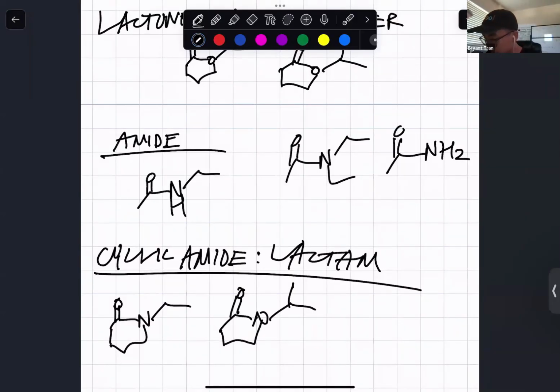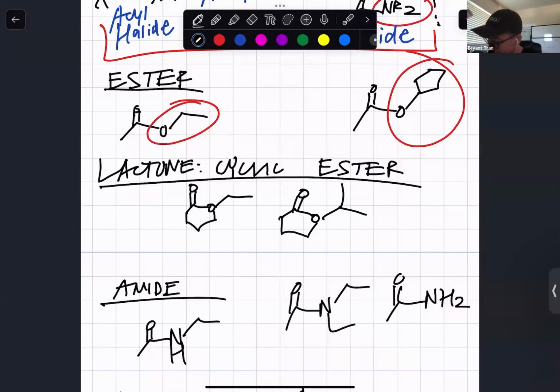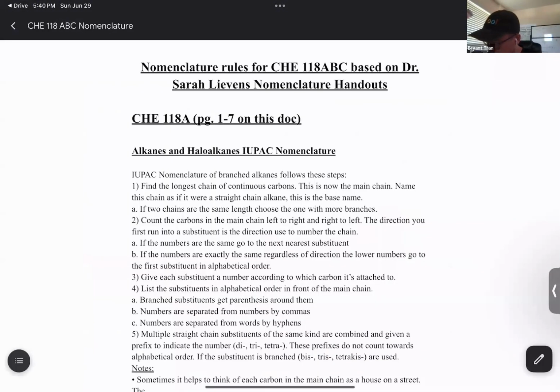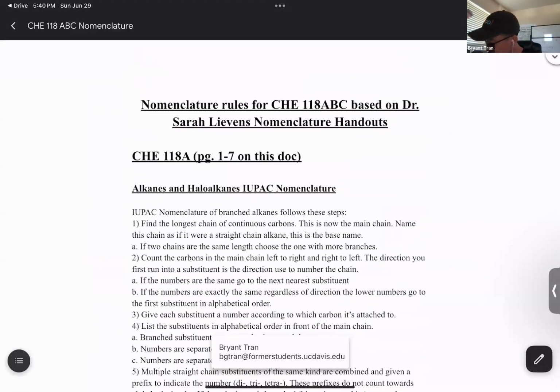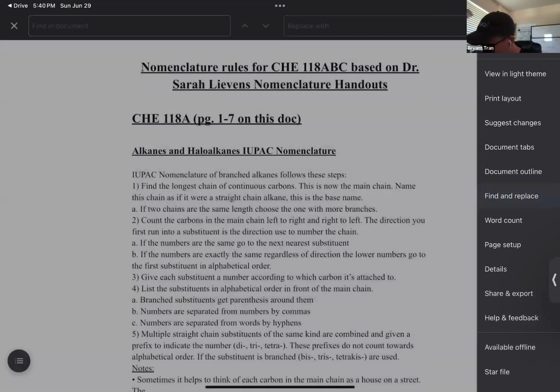Now, the nomenclature could be tough for lactam and lactone, but there is a nomenclature document, especially right here, where we can search it up and see her process on naming those. We can search it through find and replace.